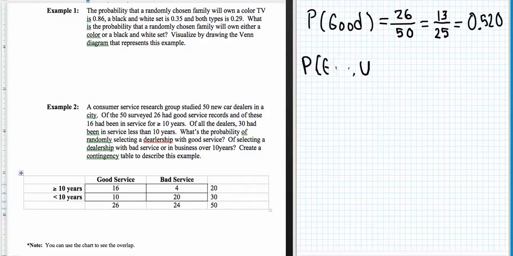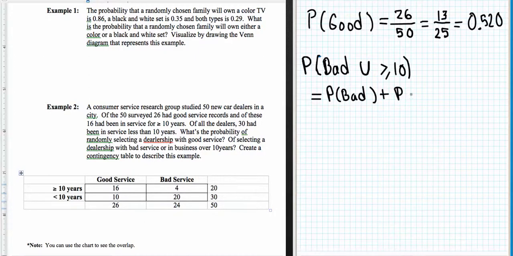So bad service or in business over 10 years, 10 or more years. So we'll go there. And this is going to be the probability that I have bad service, right?